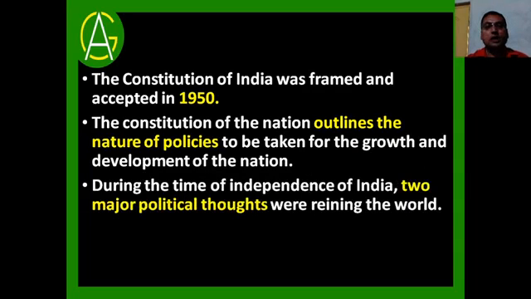During the time of independence of India, two major political thoughts were reigning in the world. It means that when India got freedom, all over the world, the countries were divided into two major political thoughts.